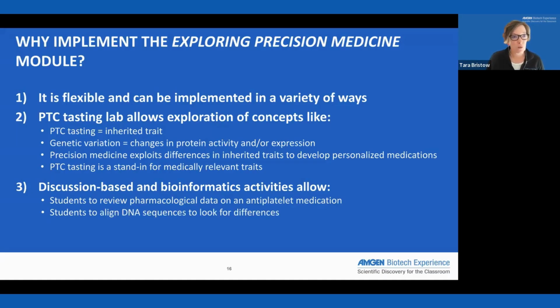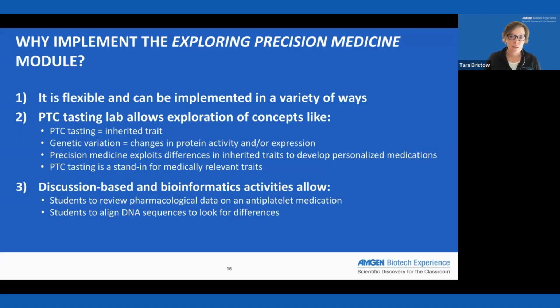You may be asking why you should consider implementing the Exploring Precision Medicine module. There are a few key considerations. Number 1, the EPM curriculum itself is very flexible and can be implemented in a variety of different ways to meet the needs of your classes.